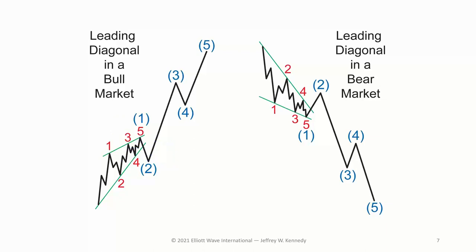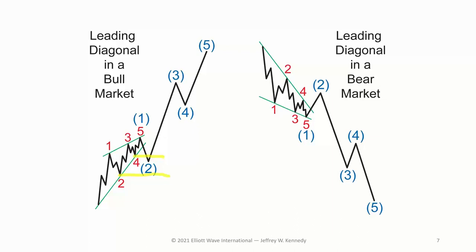I will add that the leading diagonal is actually a little bit of a rare pattern, with a stair step to the upside. Typically what I like to see whenever this specific structure finalizes is price falling below the prior swing low, because that's an attractive area for stops, but not below the low of wave two.